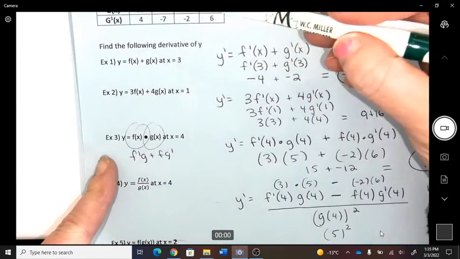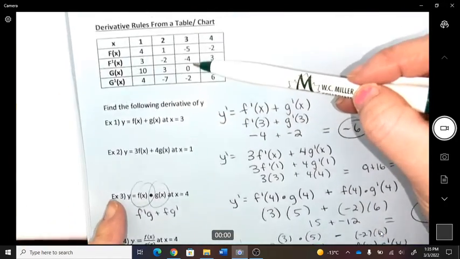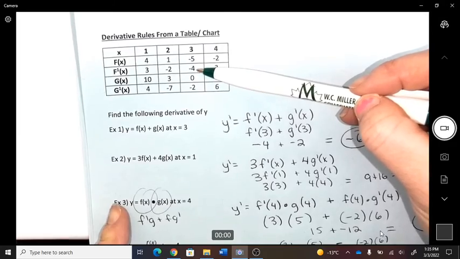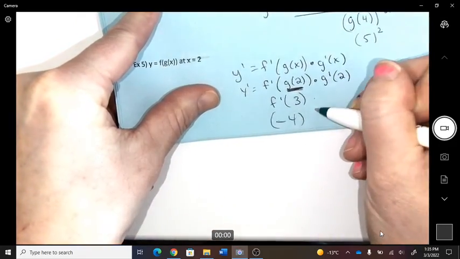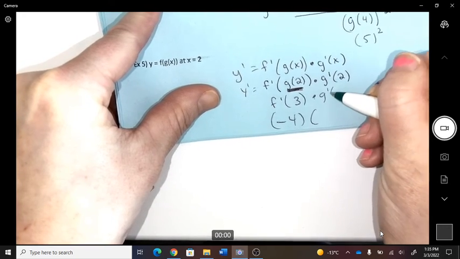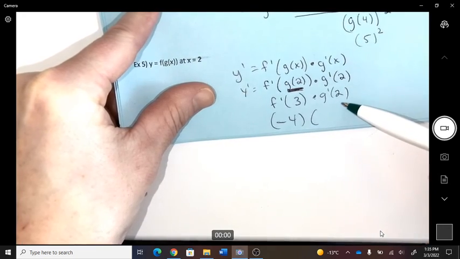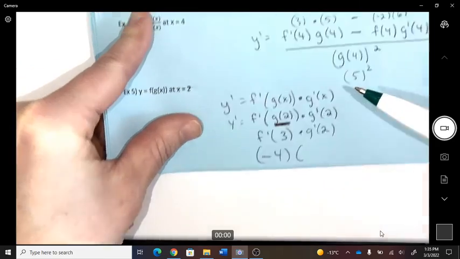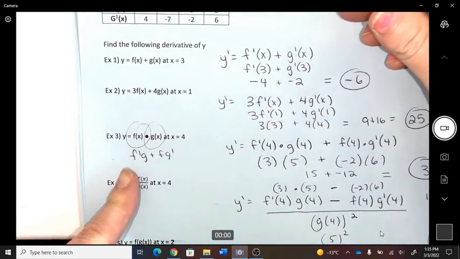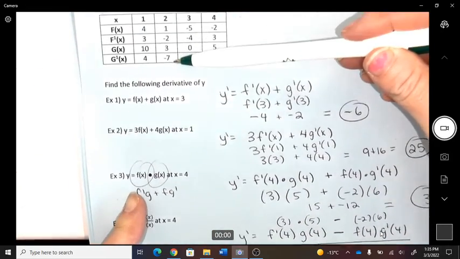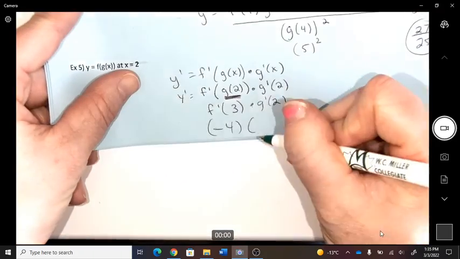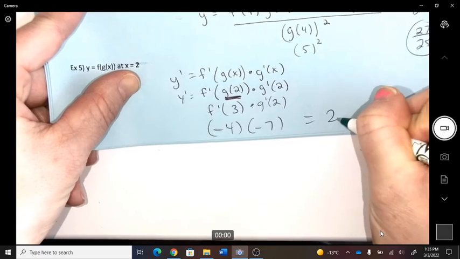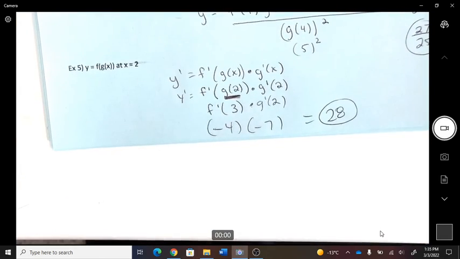So the f prime at 3 is -4. And what times by the g prime at 2? G prime 2. So that's a -7 on the chart. So that answer is going to be 28.